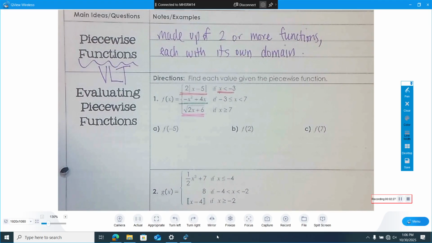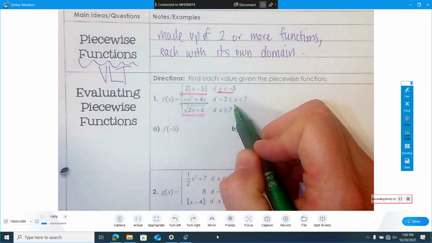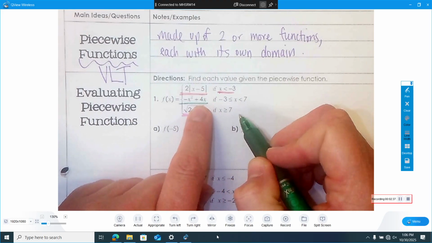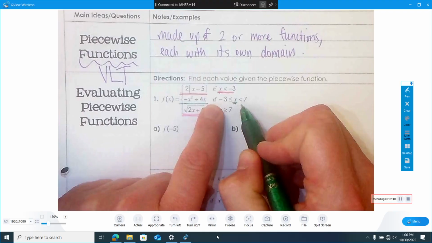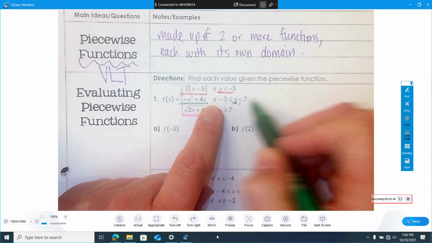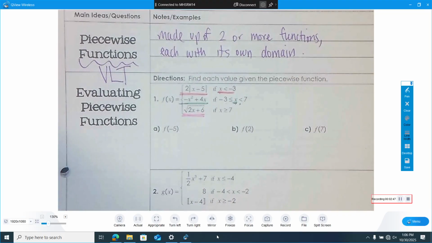Okay, that's a good if question. If x is less than -3, then I'm going to use the red line. Here on the green equation, we're going to use the green if our x value is greater than or equal to -3, but less than 7. So, that is an if statement, so we want to see where does our x value fit.